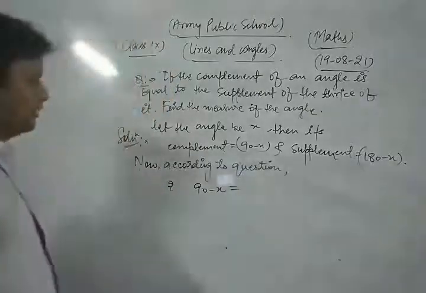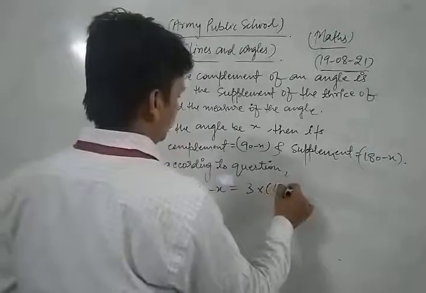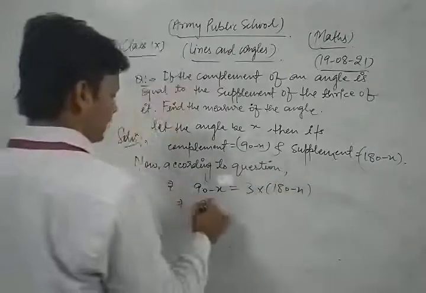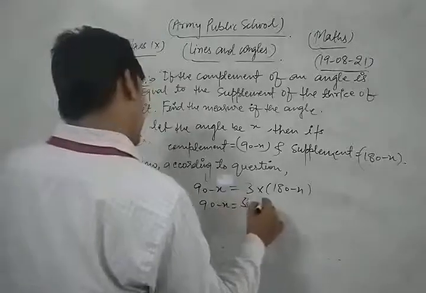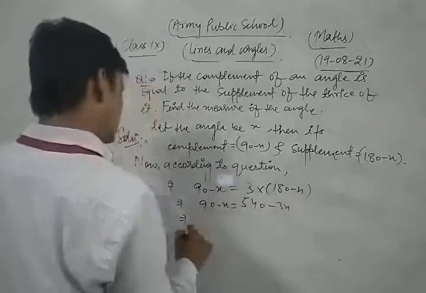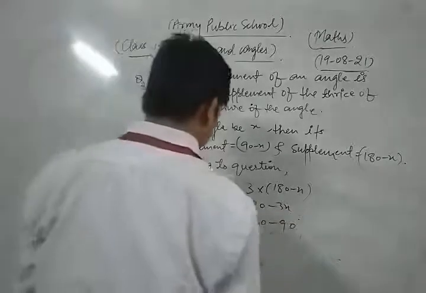So 90 minus x is equal to 3 into (180 minus x), equal to 540 minus 3x. Now this is 3x minus x equal to 540 minus 90.